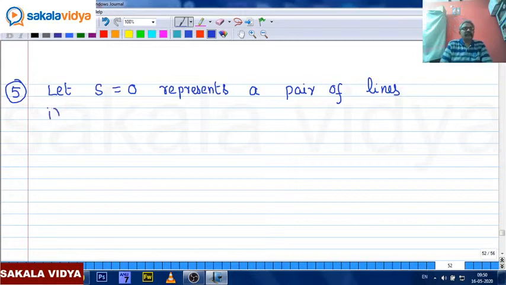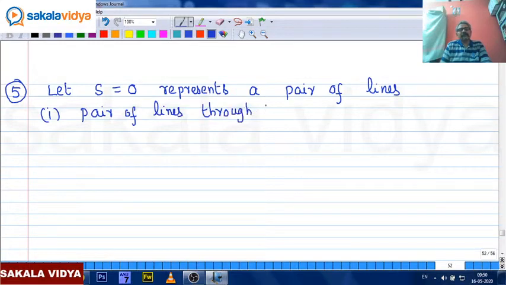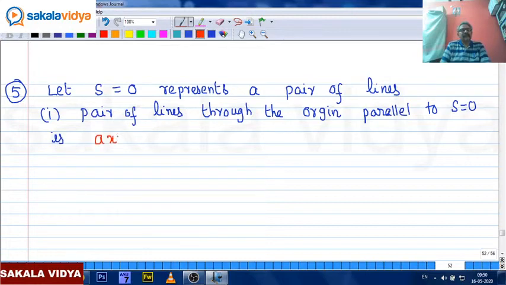Then first point, the pair of lines through the origin parallel to S is equal to 0 is ax square plus 2hxy plus by square is equal to 0.